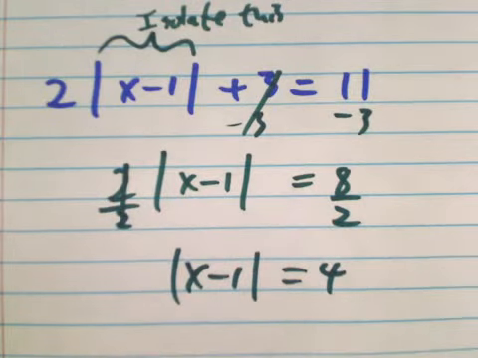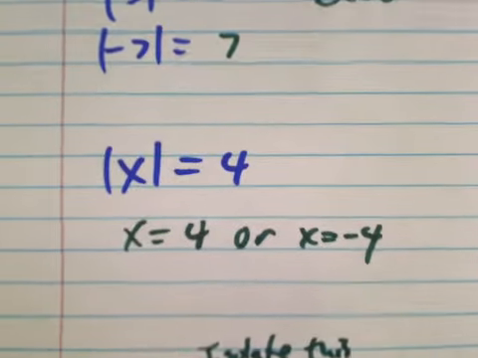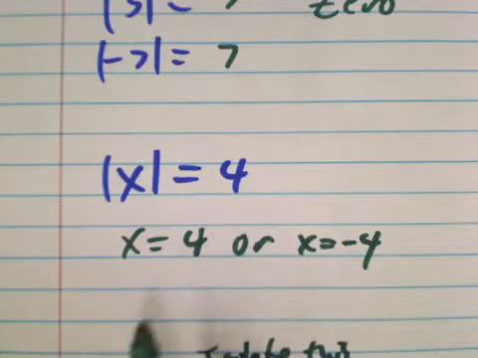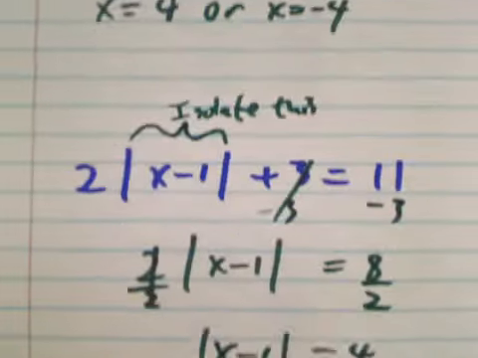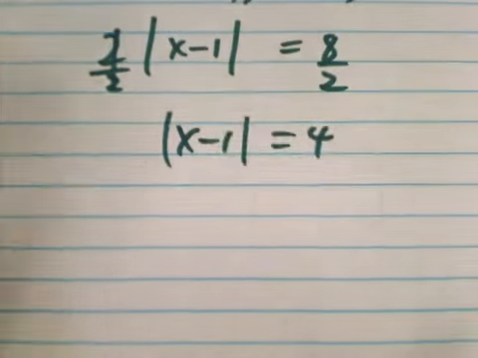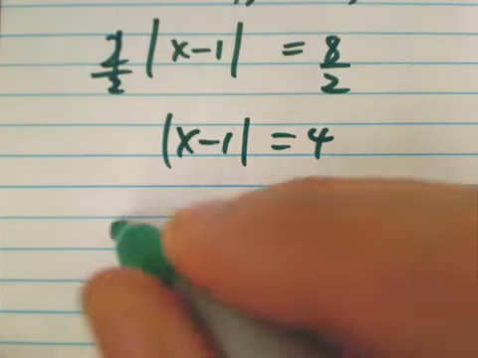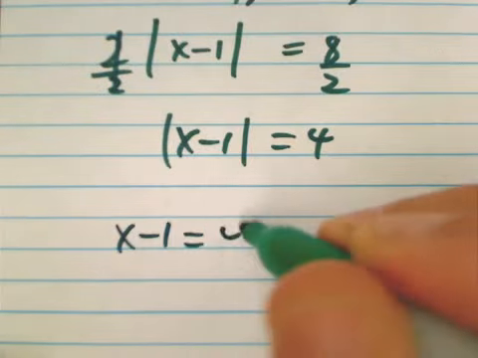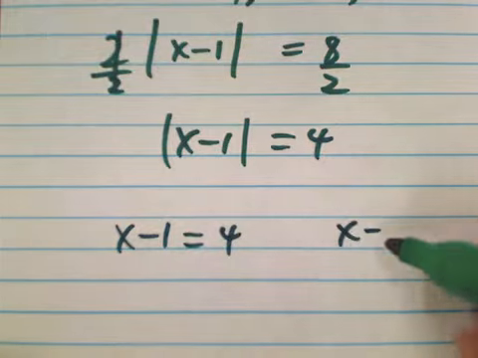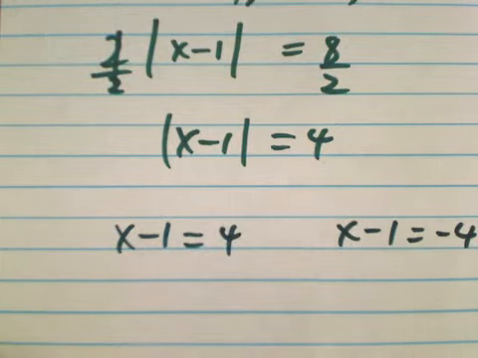Now I'm going to do the same thing. Now when I had the absolute value of x equals 4, I said it could be 4 or -4, the positive or the negative. So I'm going to do the same thing here, except whatever's in here is equal to that. So x minus 1 could just be 4, or x minus 1 could also be -4.